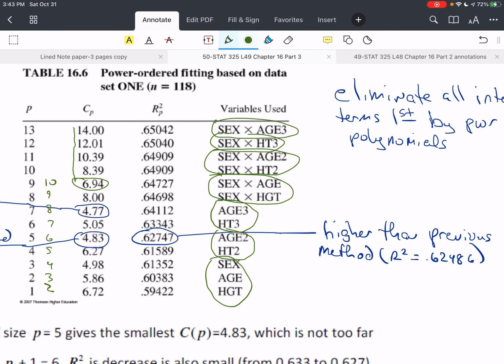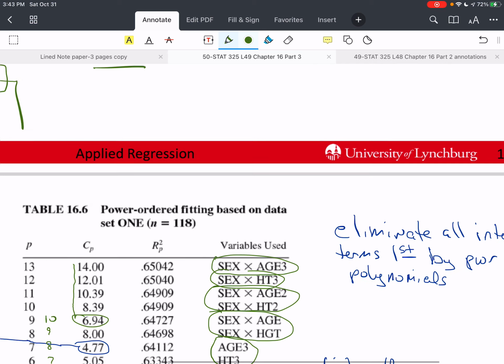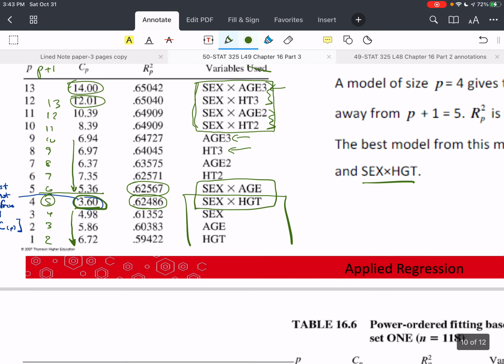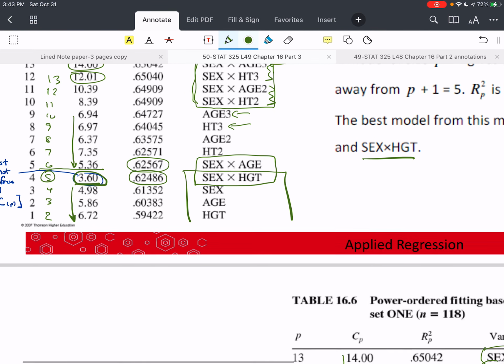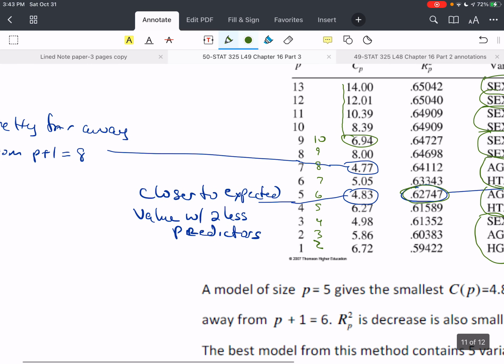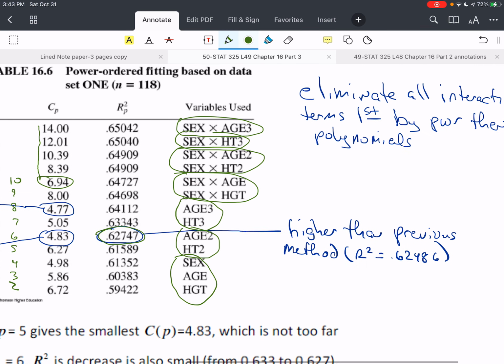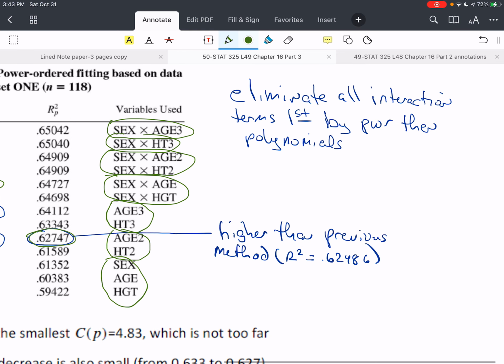When we look at this one here, the r squared in this model is also bigger than we had up here in this model. 0.625 was about it, and this is 0.627. Okay, so a little bit bigger. So we eliminate all interaction terms first by power and then by polynomials.